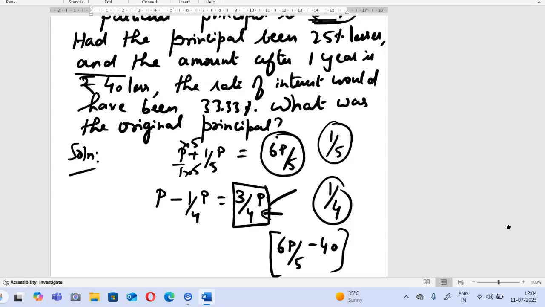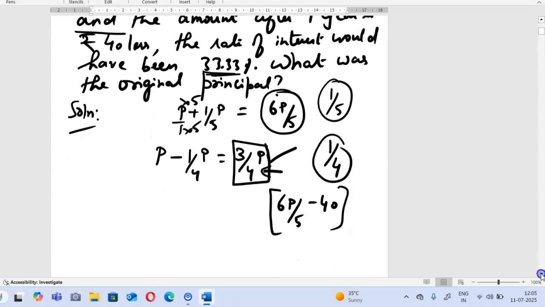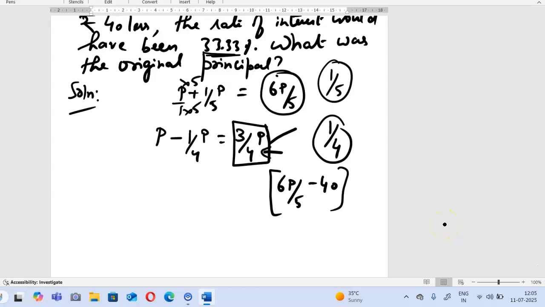Then the rate of interest would have been 33.33%. 33.33% is 1/3 of P. So 1/3 of the revised principal you have to add to the existing.